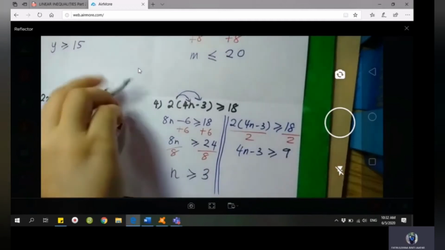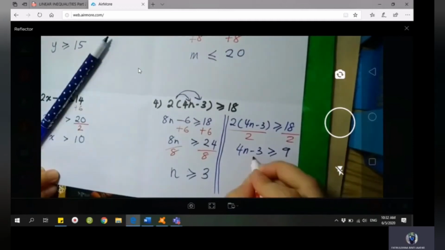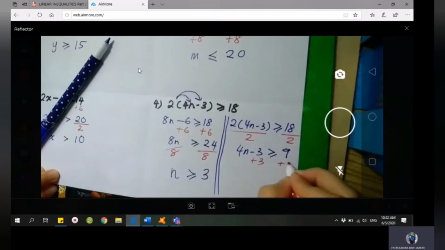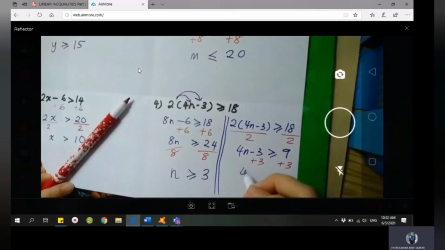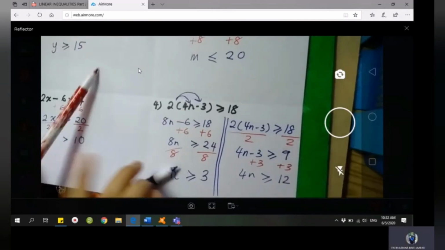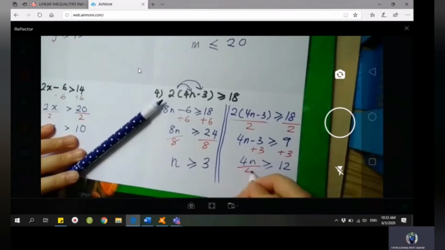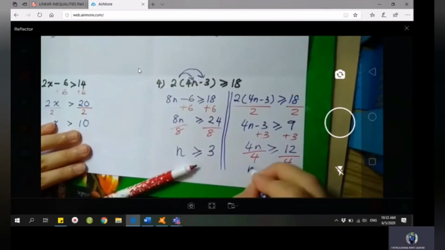Okay. And then get rid of 3, plus 3 here, plus 3 here. We will get 4n is more than or equal to 12. And last one, divide by 4, divide by 4, we will get n is more than or equal to 3.